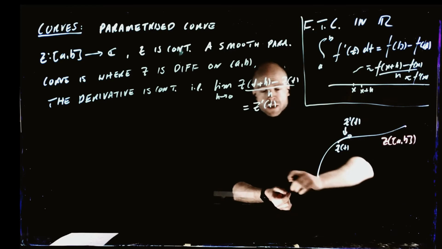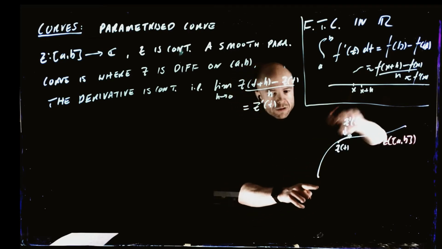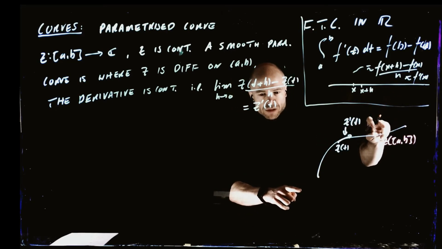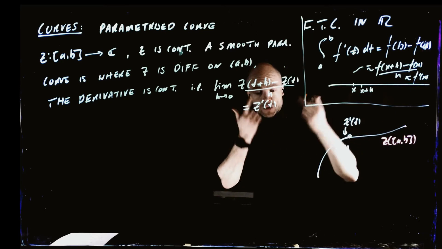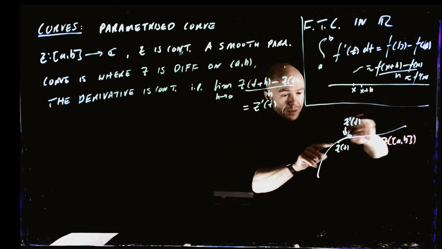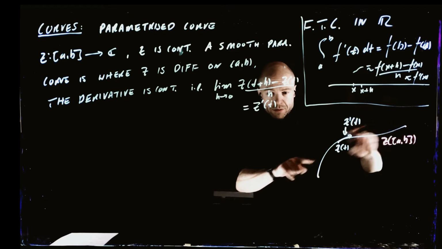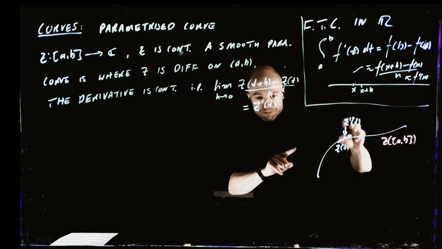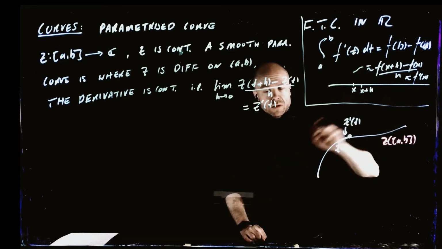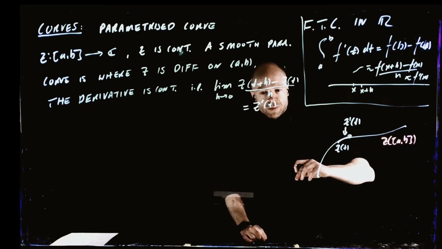And we can create another curve that will go exactly across the same set of points, in which case, when we take the derivative of that curve, it'll still be exactly tangent to this one-dimensional curve in the plane. However, we could have a completely different speed in which we go along these points.